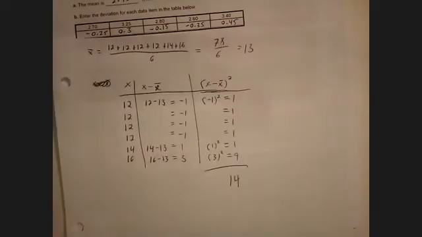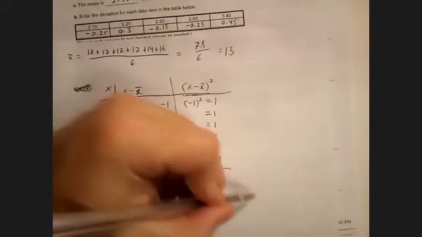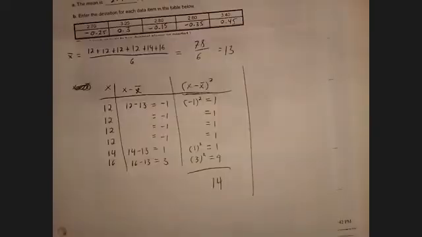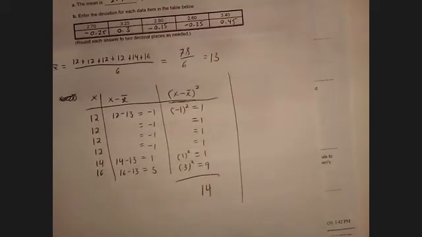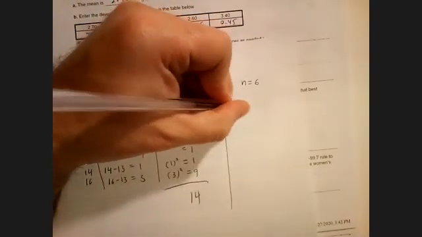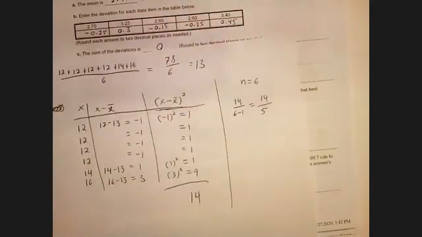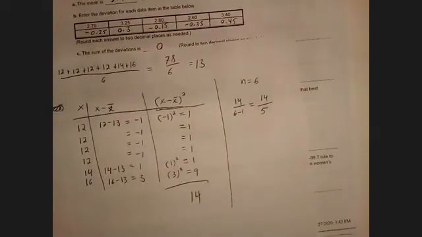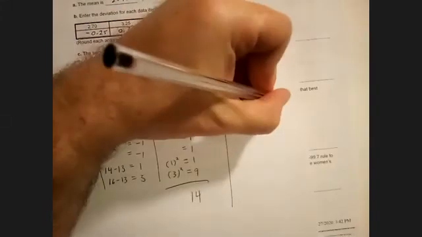Okay. Now we need to take that number and divide it by n minus 1. In this case, n is equal to 6. So 14 over 6 minus 1, 14 over 5, is 2.8.